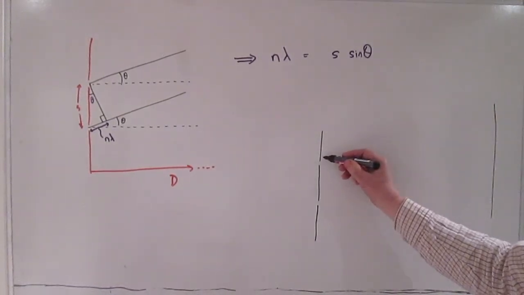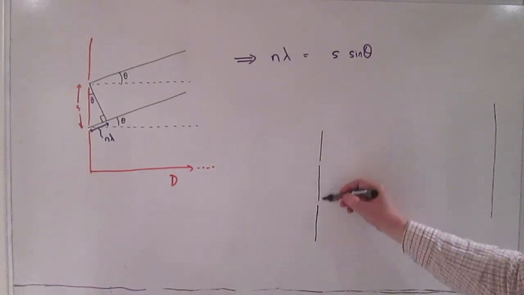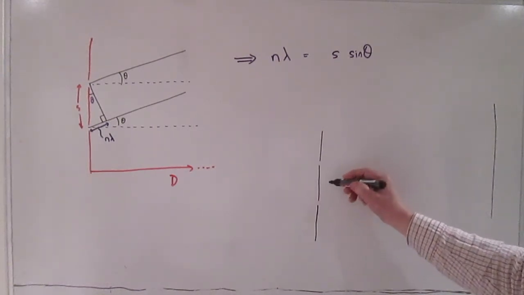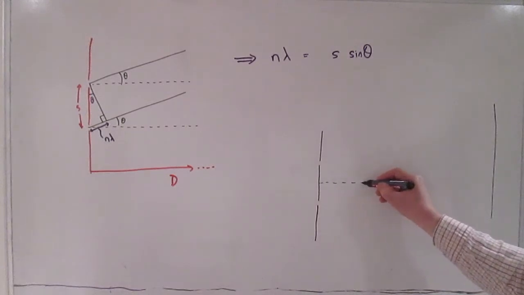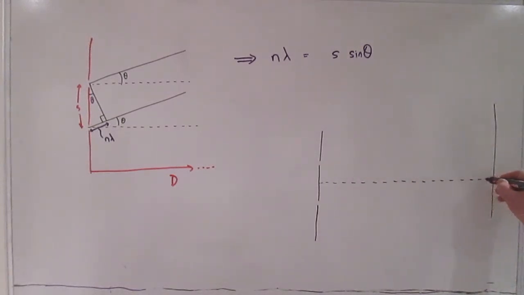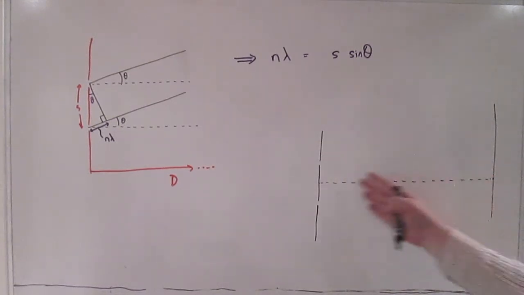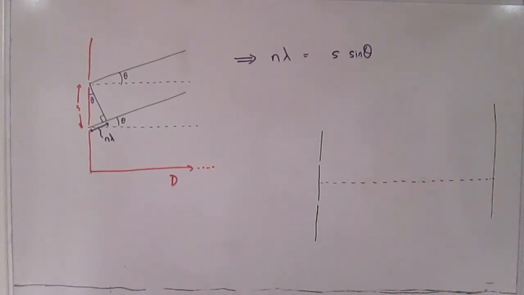if we had in-phase waves emerging from these two sources, we would get a central fringe there focused on the midpoint of that line, and then we would get fringes spread out to either side of it with a spacing which depends on the separation between the screen and the slits.